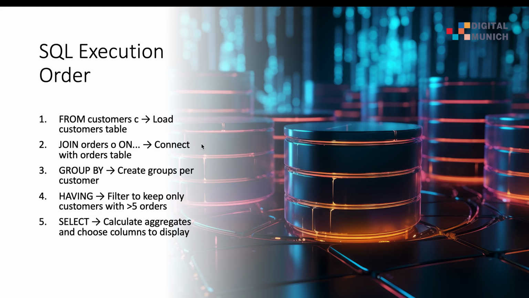Since select was not executed, total orders did not exist at that time. In select, it is now picking up which columns to show. And last but not least, the order by is executed. So then it picks up, okay, out of those columns, in which order should I display them?